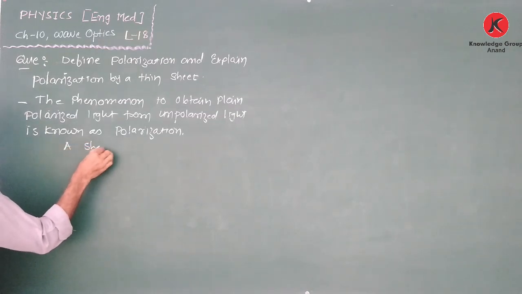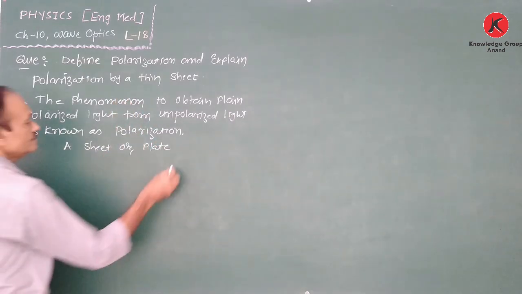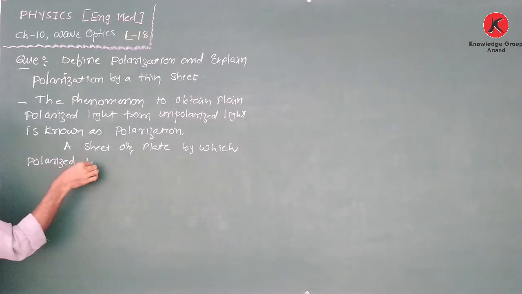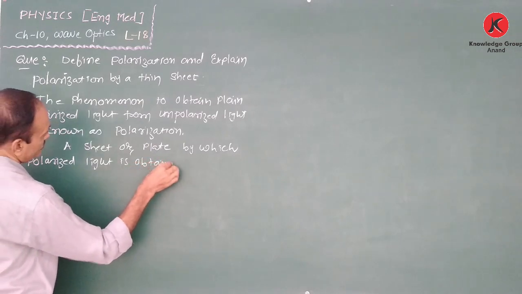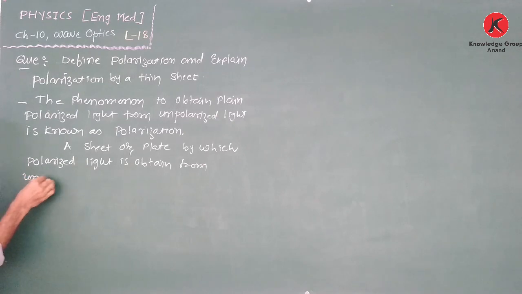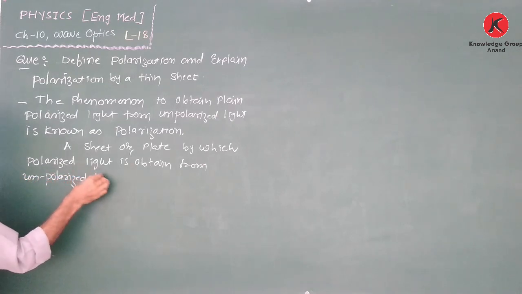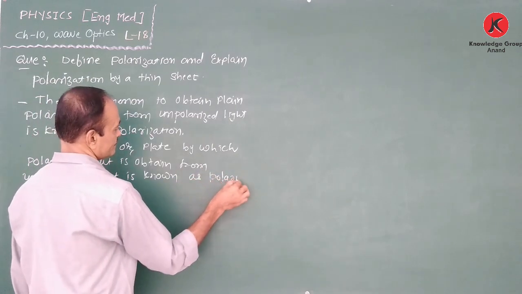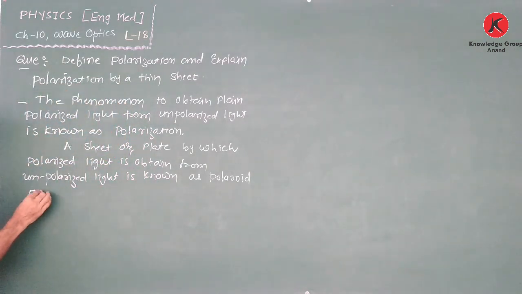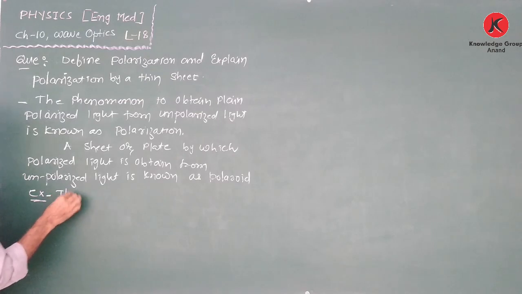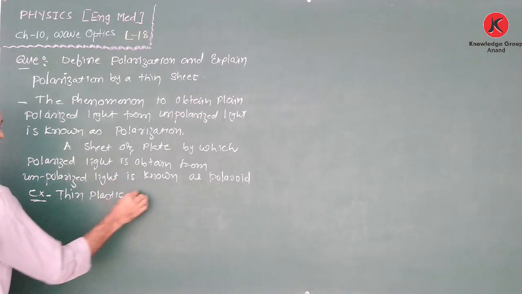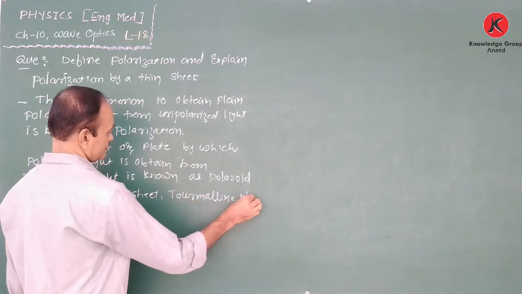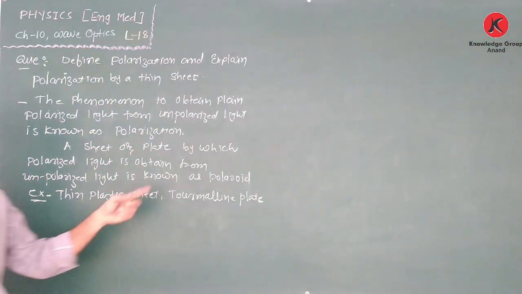A sheet or a plate by which polarized light is obtained from unpolarized light is known as a polaroid. Examples of polaroids are thin plastic sheet and tourmaline plate. Tourmaline plate is a natural crystal which acts as a polaroid.